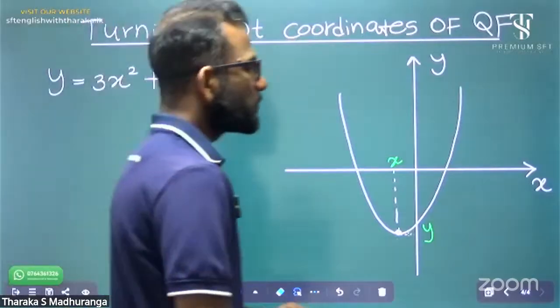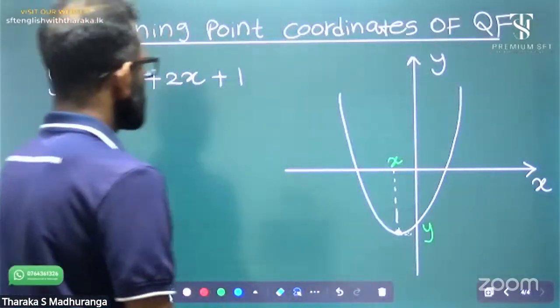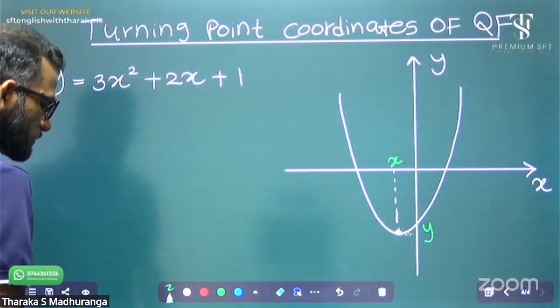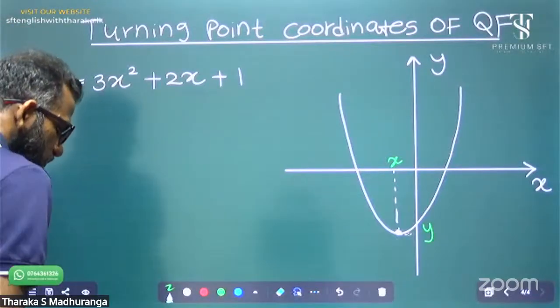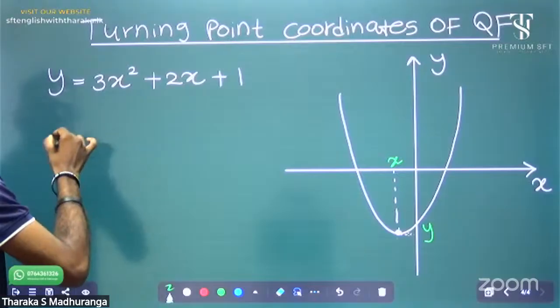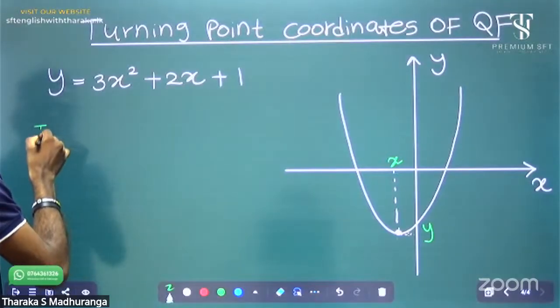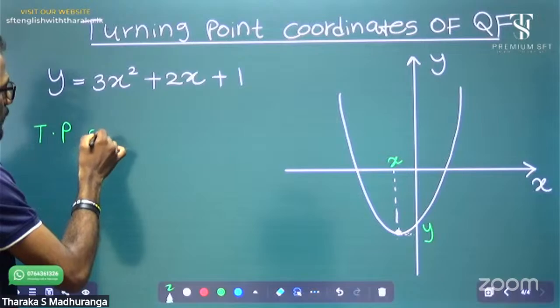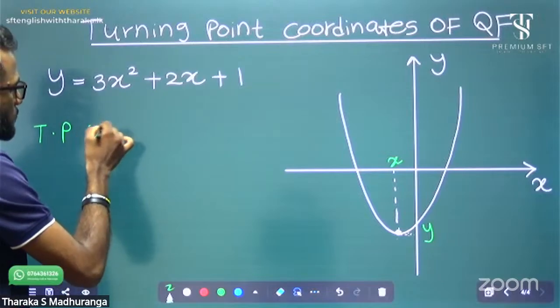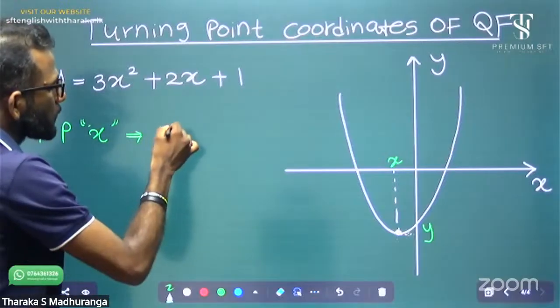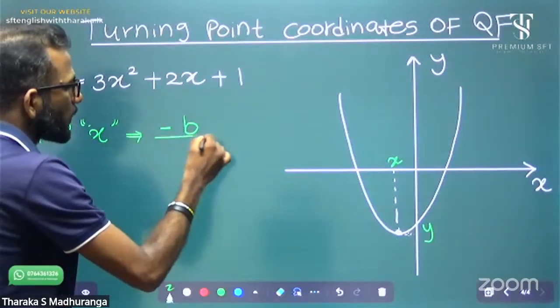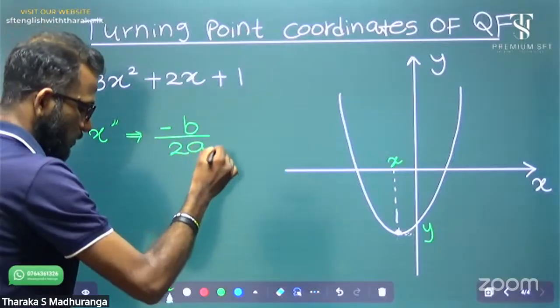Okay, it is very simple. For the turning point x coordinate, we can easily calculate it with a very simple equation: minus b over 2a.